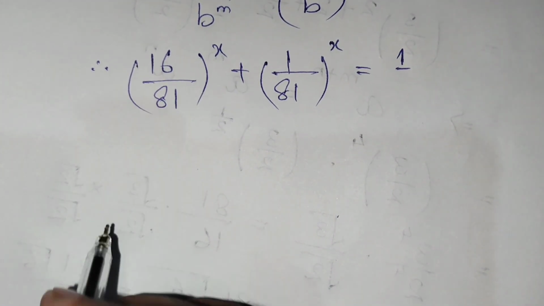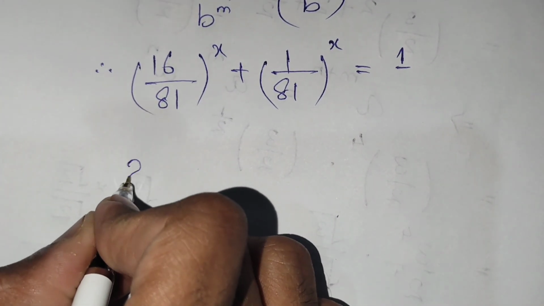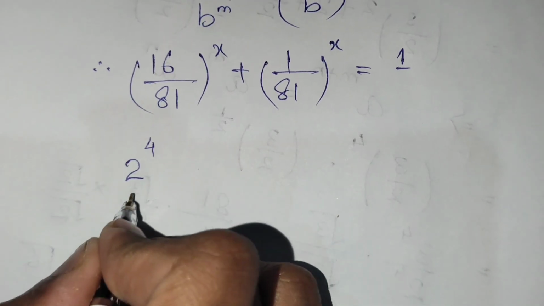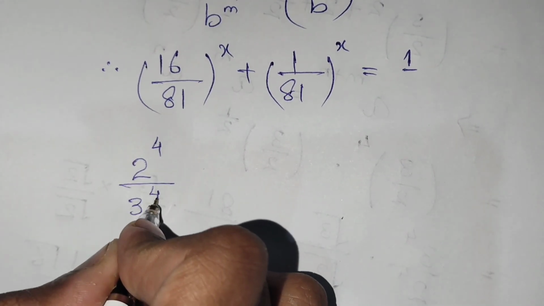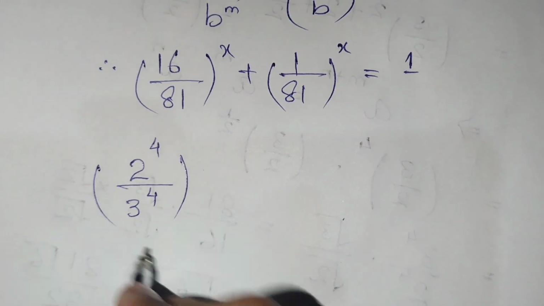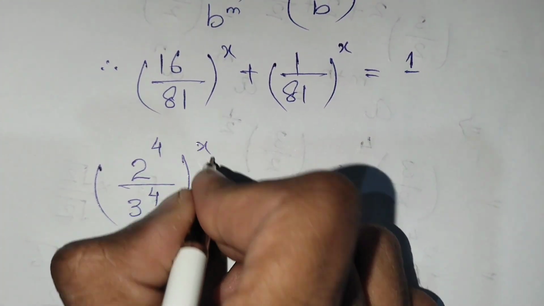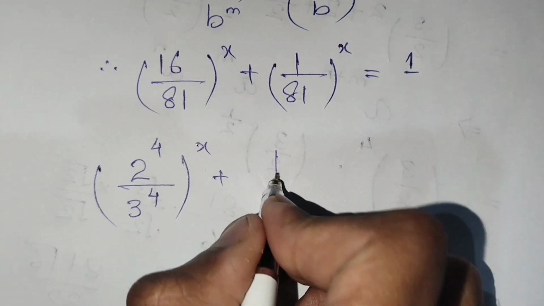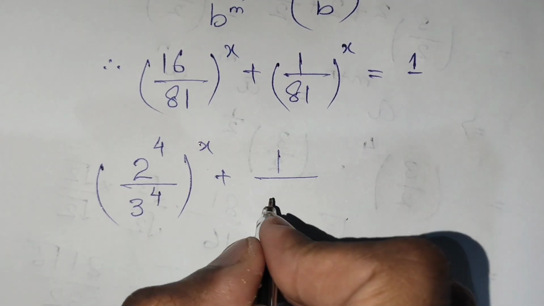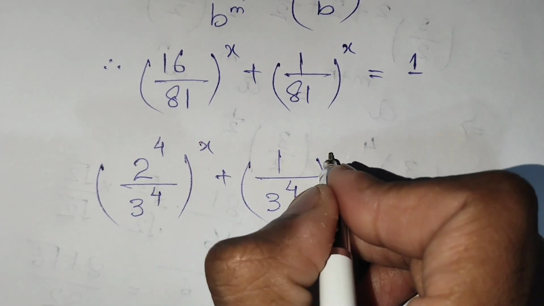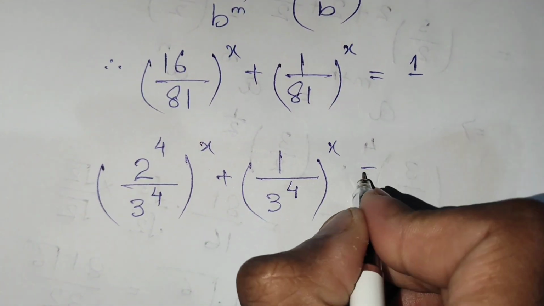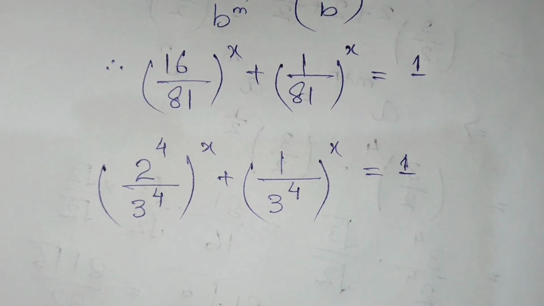We know that 16 is basically 2 power 4 and 81 is 3 power 4, raised to the power x, plus 1 over 81 can be written as 3 power 4 whole power x equals 1.